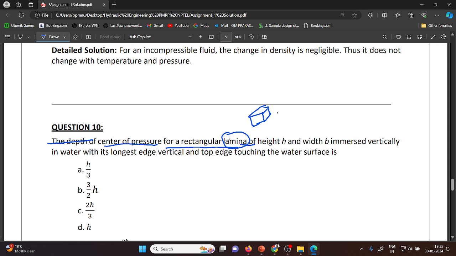So that is the lamina. A rectangular lamina of height h, the height is h. If you want to draw it, this is the lamina.